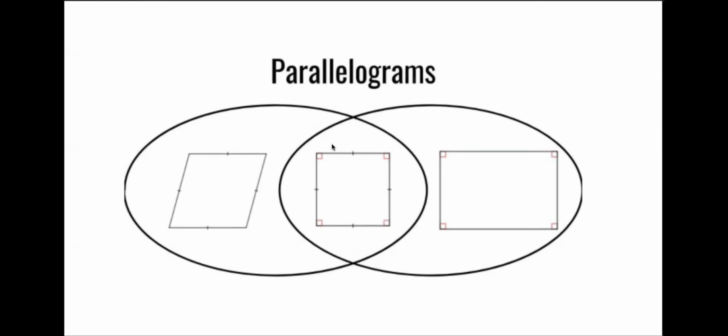That's if they're basically a square. So if you're a square, you can be either. But something that they all have in common is that they're all going to be parallelograms. So their properties, like I said, are going to be applied to these 3 quadrilaterals.